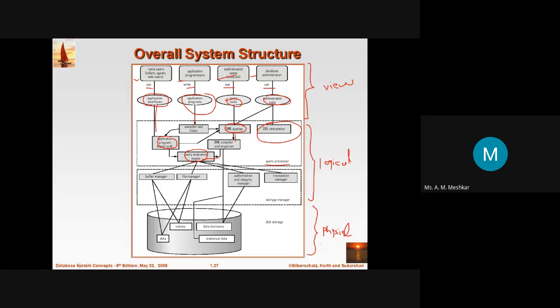Now, let us enter the next rectangular box, which represents the storage manager. The storage manager consists of 4 components: the buffer manager, file manager, authorization and integrity manager, and transaction manager. Buffer means the temporary storage of data.